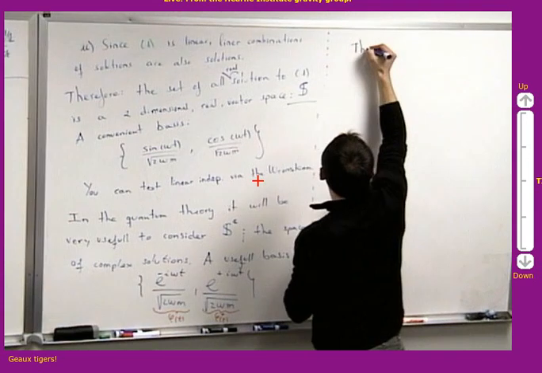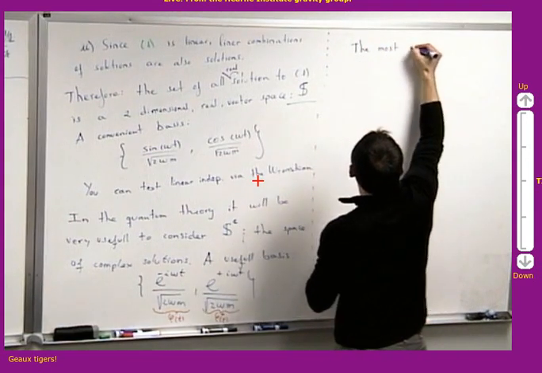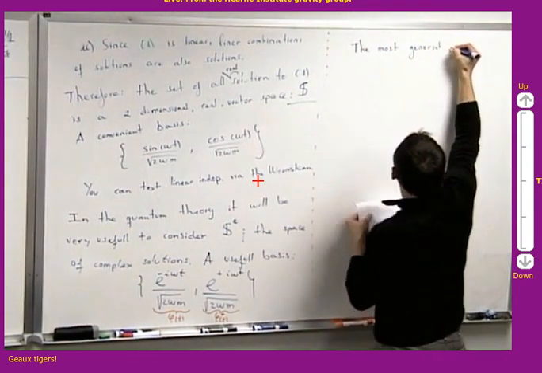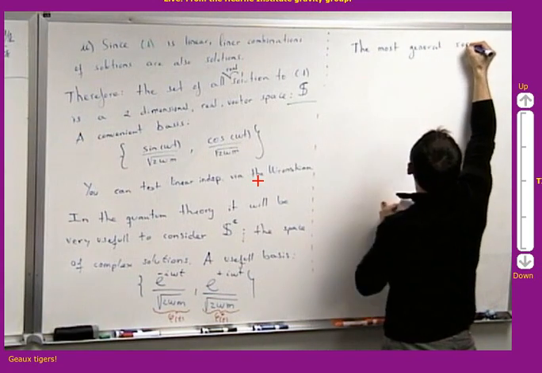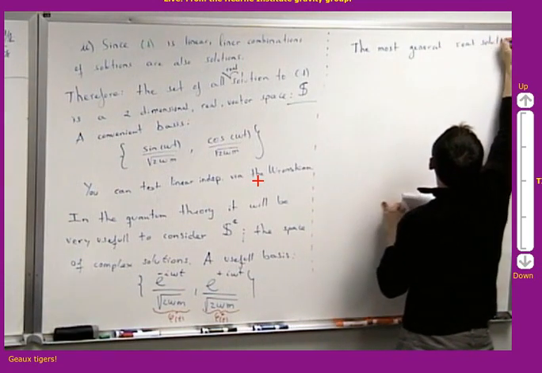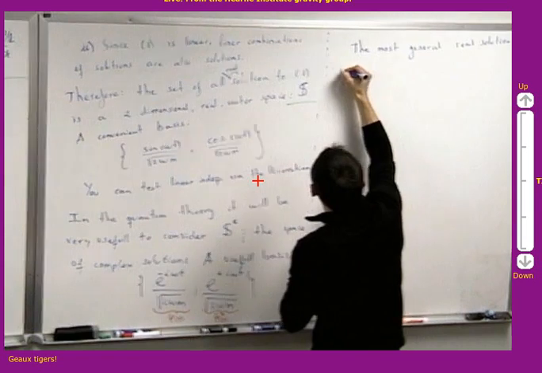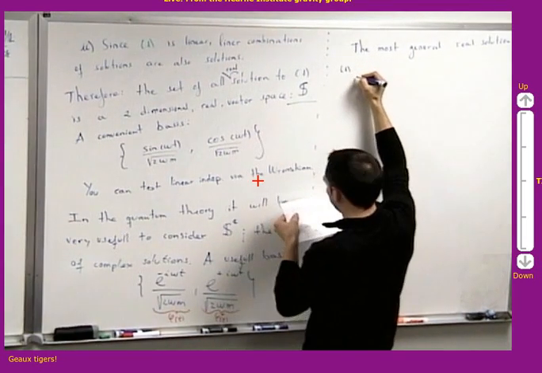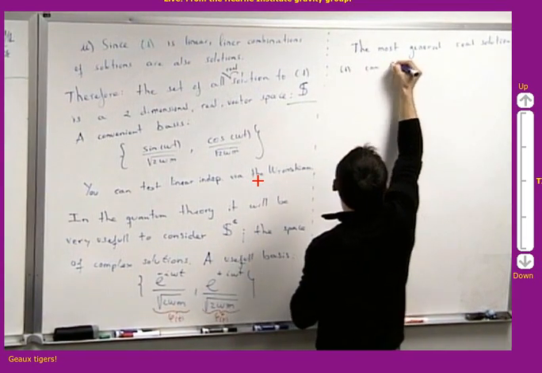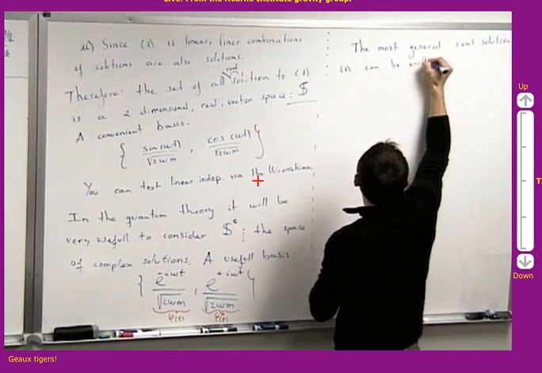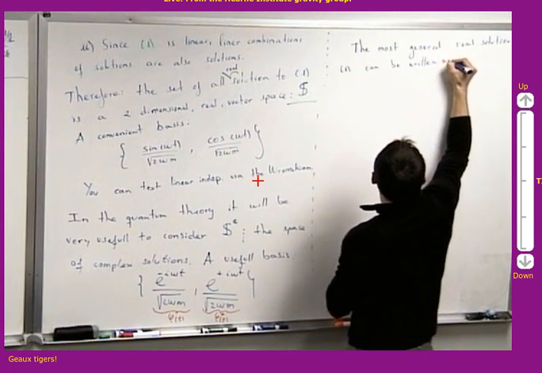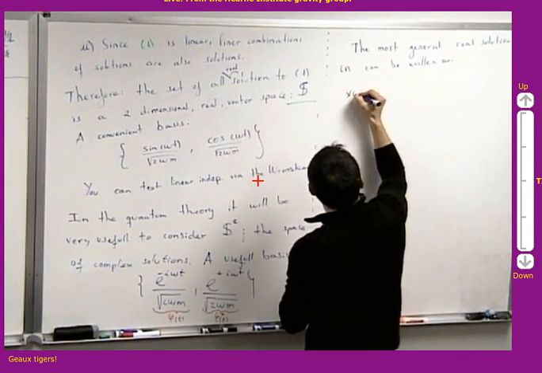Therefore, the most general real solution to equation 1, so to our equation of motion, can be written as x of t.